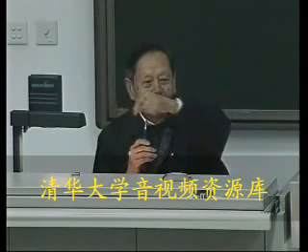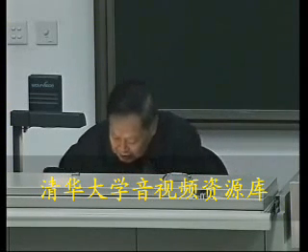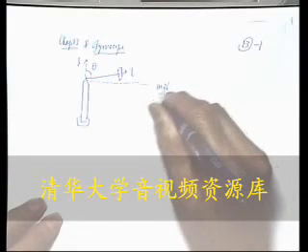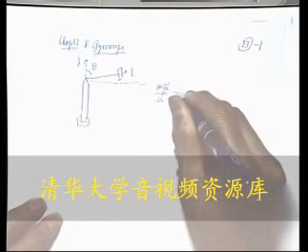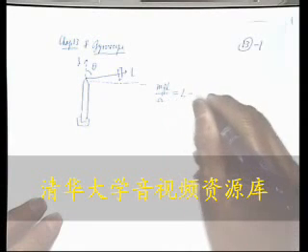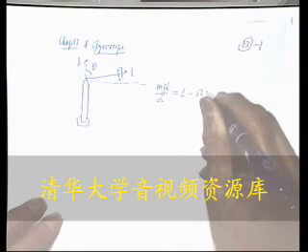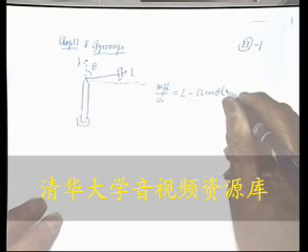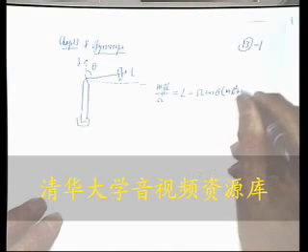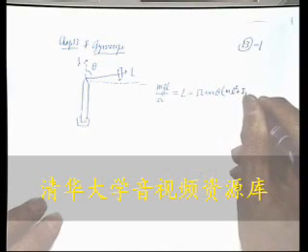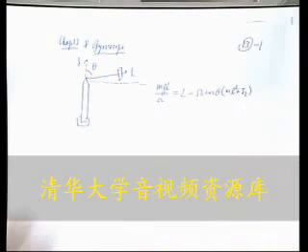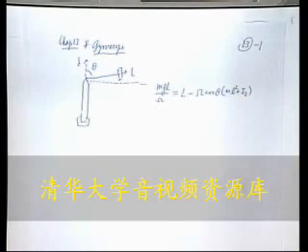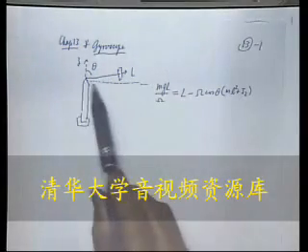It's possible to have that motion, and the final formula is like this. mg is the weight of this body.